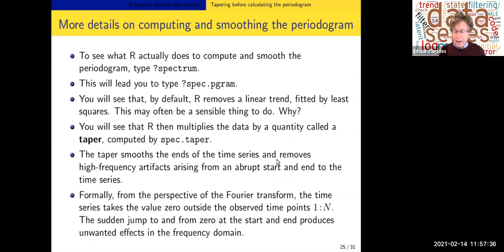One thing is removing a trend. In fact, it removes a linear trend fitted by least squares. And the other thing is doing something called tapering. Why does it make sense to remove a trend?